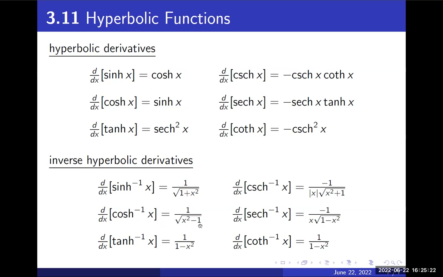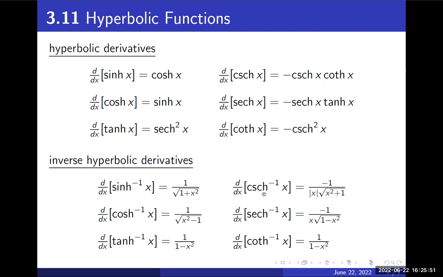There it is, 1 over square root of x squared minus 1. The derivative of inverse tanh x, this one changed a plus to a minus as well. The derivative of inverse tangent was 1 over 1 plus x squared. So here it turns to a minus. I don't know if that makes it easier or worse to remember when it's really close, but not quite.